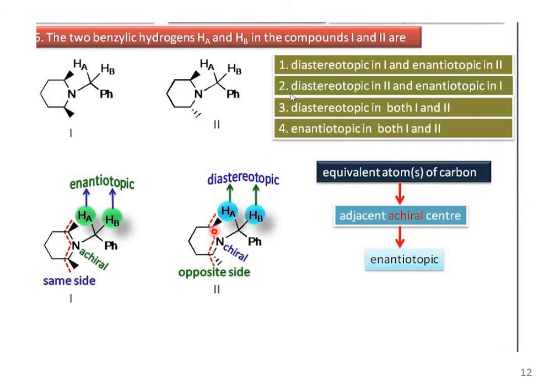Option 2 is the best, because such a type of question can be asked in the exam as well: equivalent atoms of carbon adjacent to a chiral center are diastereotopic rather than enantiotopic. This is the simplest exercise I have given you, to show how you will solve the question when you are given MCQs in the paper.